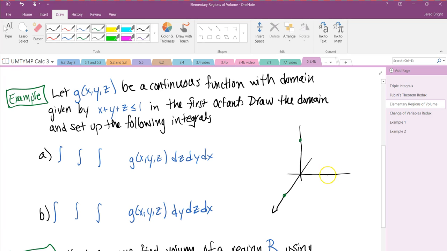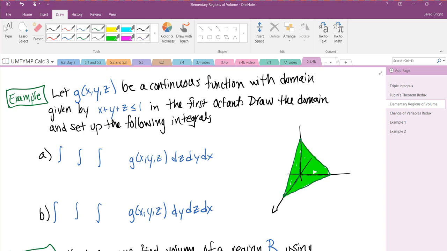I'm going to call those all values at 1, and here's kind of the boundary that we would see, at least in the first octant, and then we go ahead and shade. Okay, so here's our domain of integration. It would actually be the tetrahedron, so we'd have the axis lines here. You can't really see the axis lines on my drawing, but it would be the tetrahedron that is below that plane.